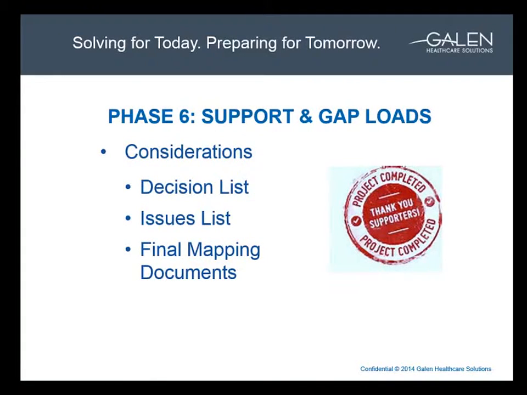The mapping documents that we're representing in the third bullet, especially for client support staff who will be supporting end users: making available the conversion documents, and we already mentioned this, but I just want to reiterate. That would be the decision documents, the issues list, and the final mapping documents. Typically we have a folder on the conversion server where we share conversion documents with the client.